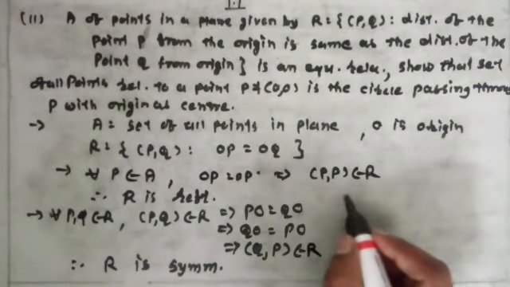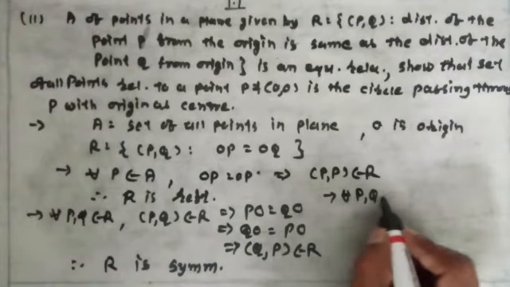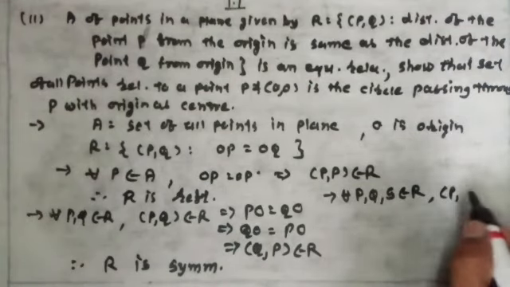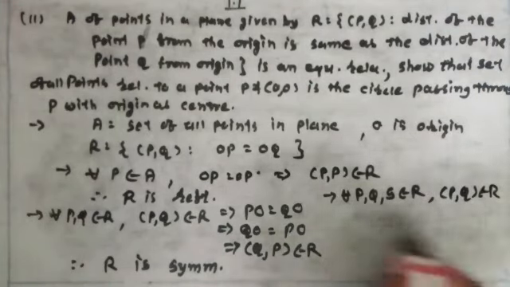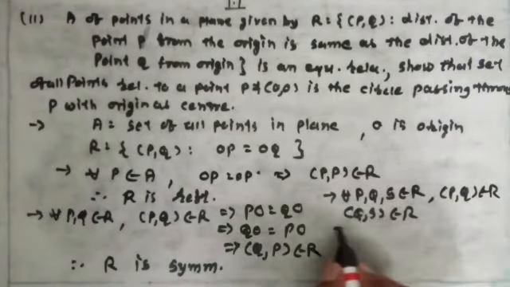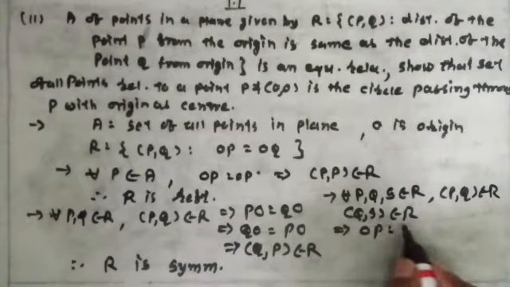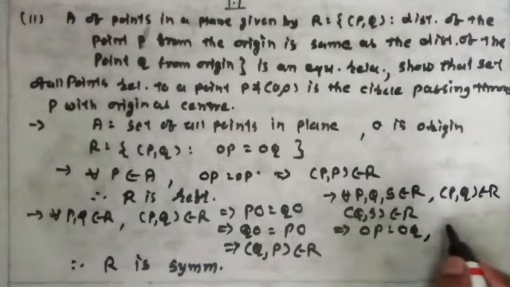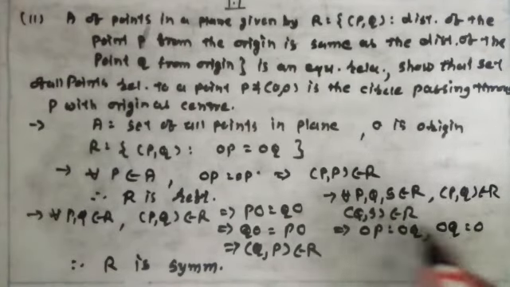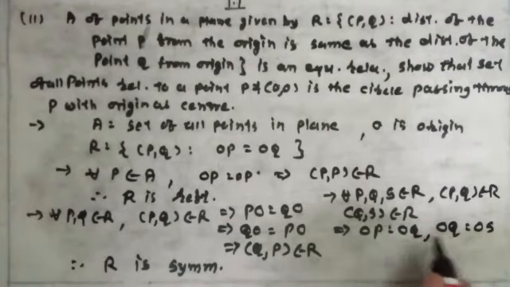Now for transitive, take P, Q and S, so that PQ belongs to R and QS belongs to R. This implies the distance from origin to P is equal to origin to Q, and the distance from origin to Q is equal to the distance from origin to S. Because PQ belongs to R, OP is equal to OQ.